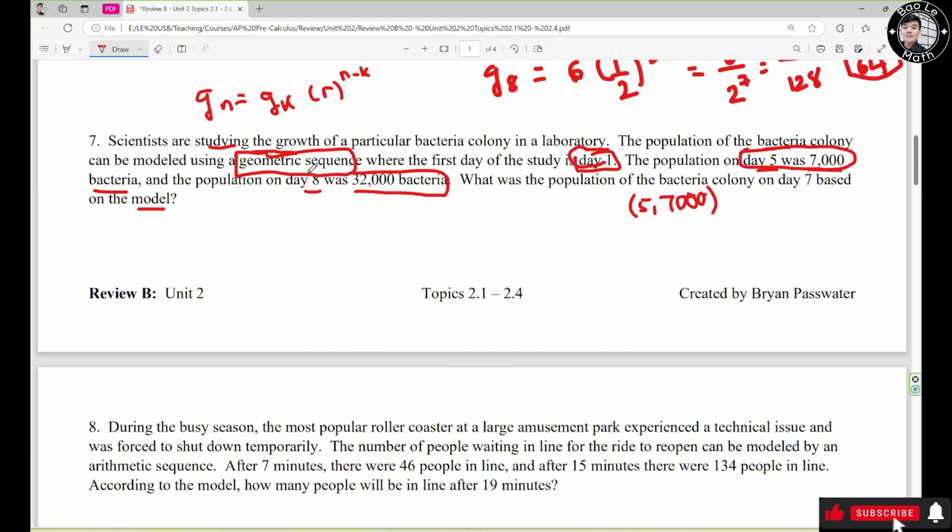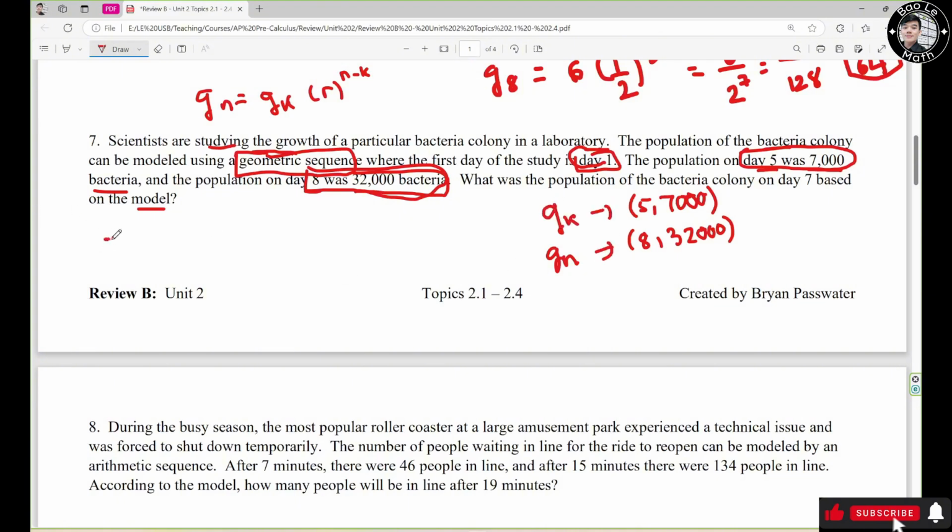Now the n term is going to be day 8 right here, 8, 32,000, right? So we use this point, substitute into this formula to find the common ratio. This one represents g sub n, this one represents g sub k, right?